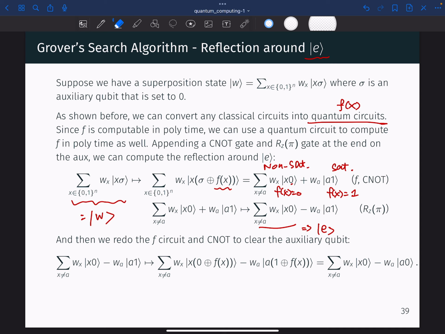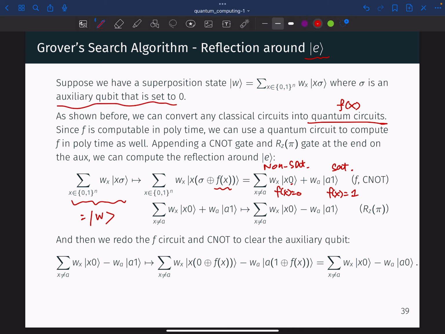After this we will do an extra step to remove this auxiliary bit. We need to do that because all these subroutines assume that the auxiliary bit is already set to 0.